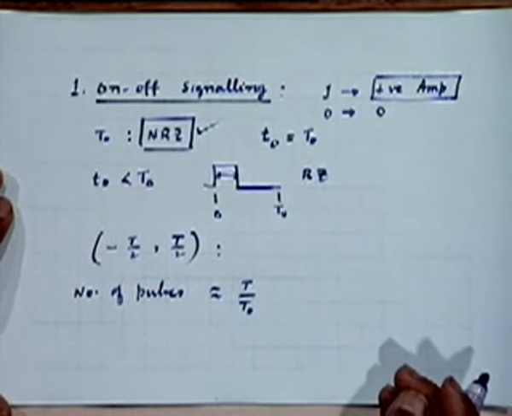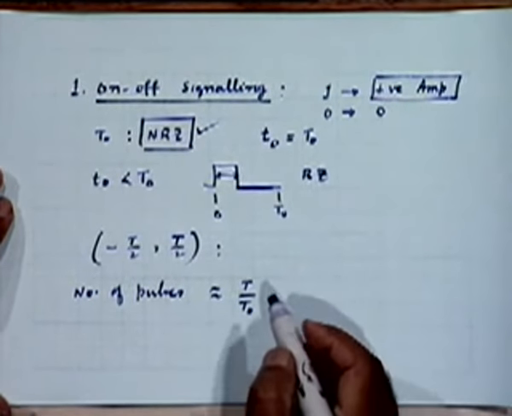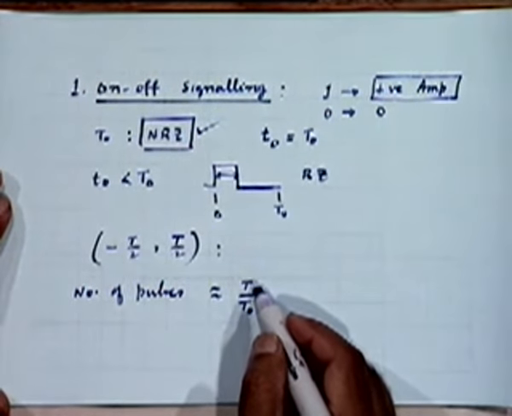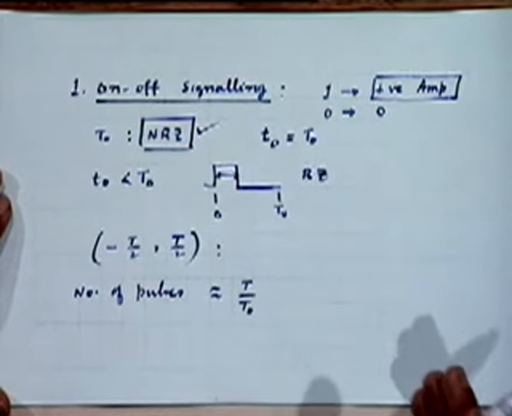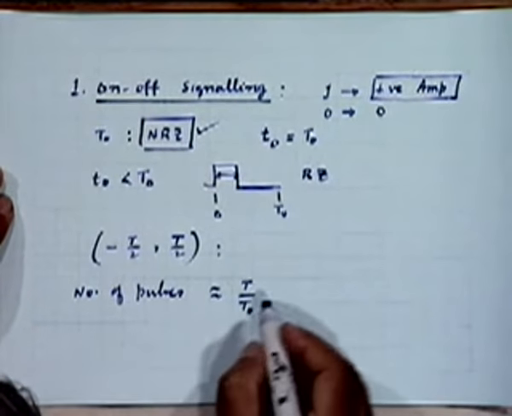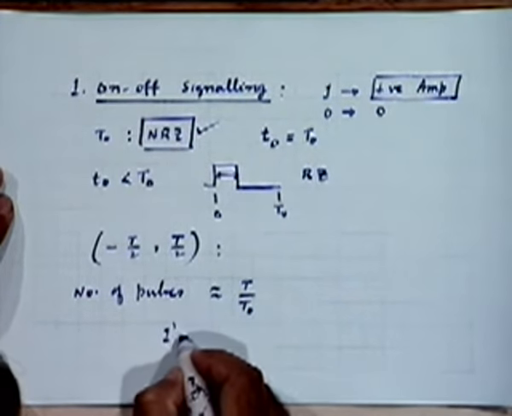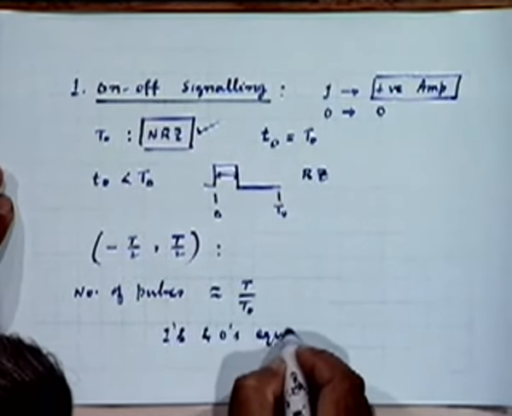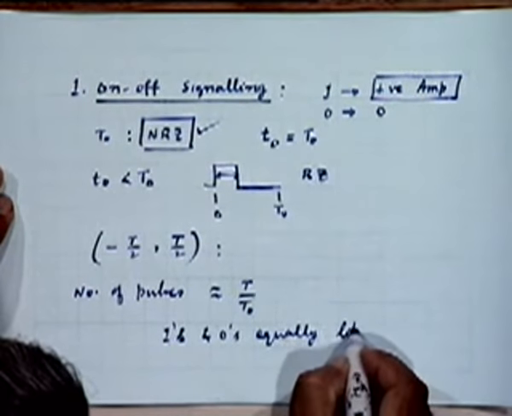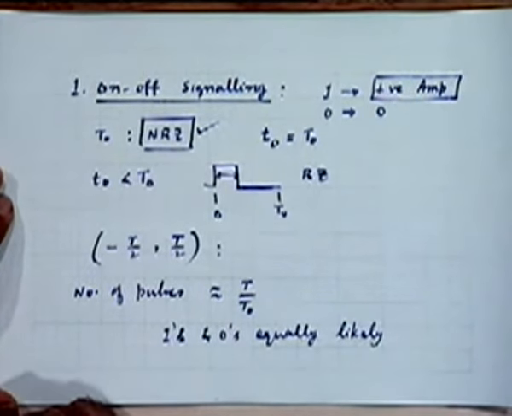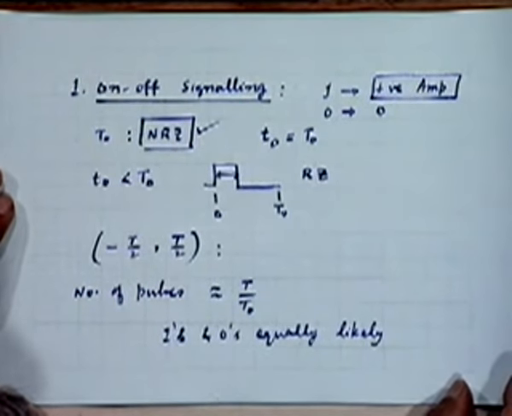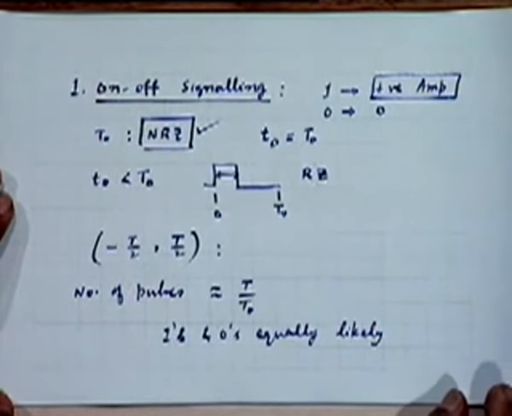So approximately we will get these many pulses, and if T is sufficiently large, and if we assume that ones and zeros are equally likely, that's another assumption we'll make, then we can go and calculate our autocorrelation function or power spectrum.